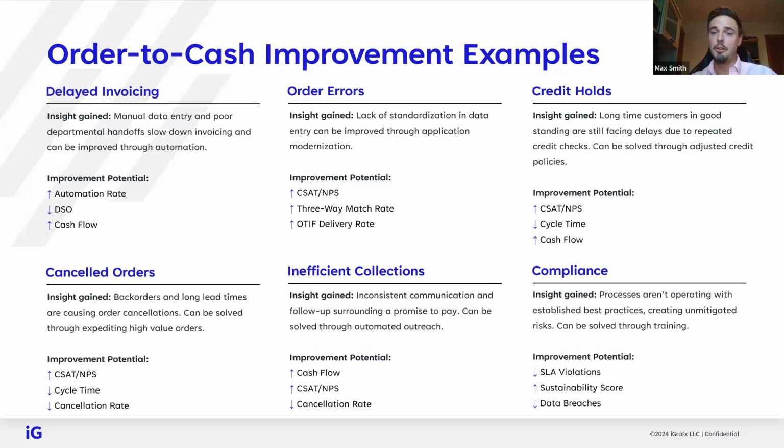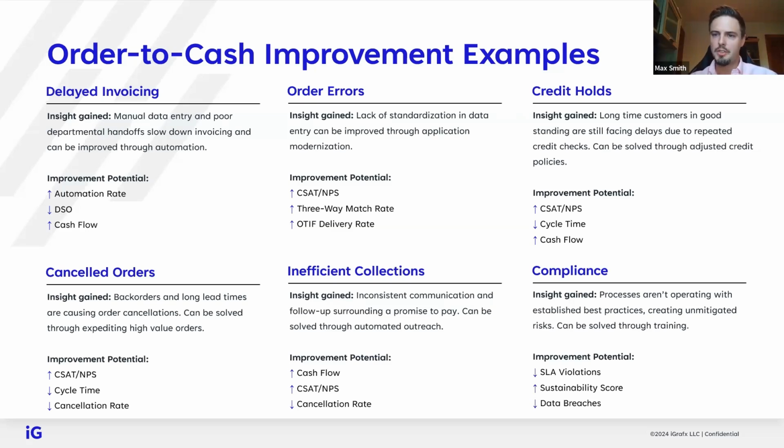So if you standardize that process a little bit, maybe do some work in the applications to make sure that the orders go in right the first time, maybe use catalogs more appropriately, you can increase your customer satisfaction scores or your net promoter scores. Make sure that your three-way match between the invoice, the goods receipt, and the order all line up. And you can also make sure that you deliver on time and in full to your customers more regularly.